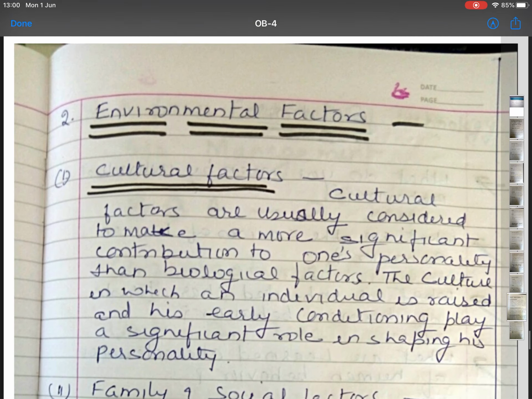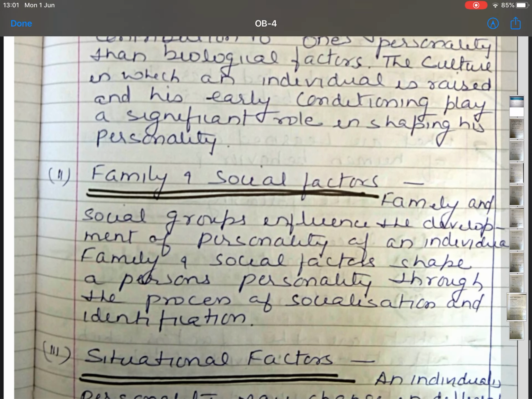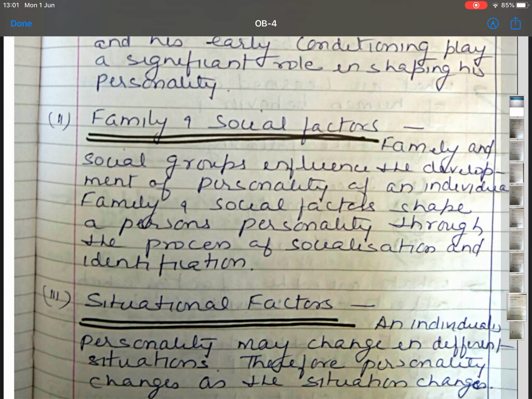Each culture establishes the norms, attitudes, and values that are passed from one generation to the next and create considerable consistencies over time. So culture is passed from one generation to another and plays a very important role in framing the personality of a person.